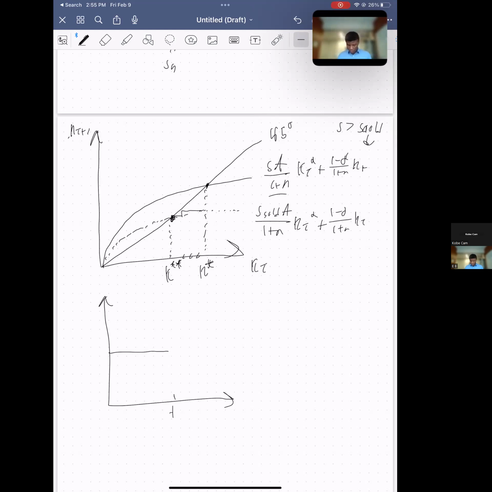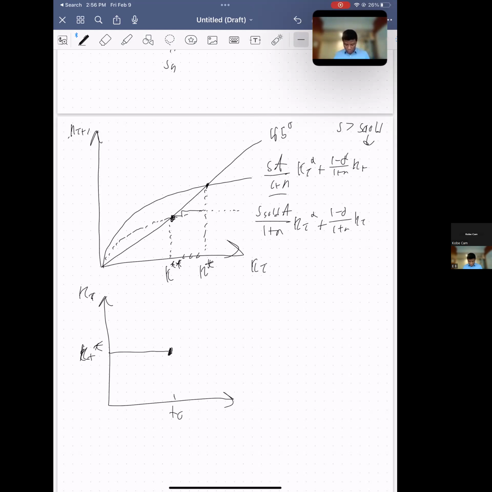So at time t0, we're here, right? And then we implement the new policy. At time t0, we implement the policy, boom. We are now going to reduce our savings rate to this. And then this is K_T star. This is where we are initially. Okay. And so looking at our graph here, we see that, okay, we're going down, right?